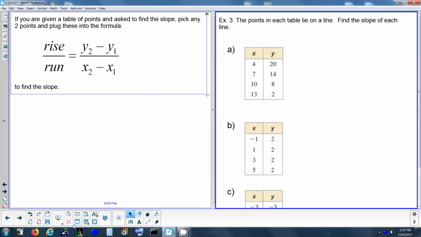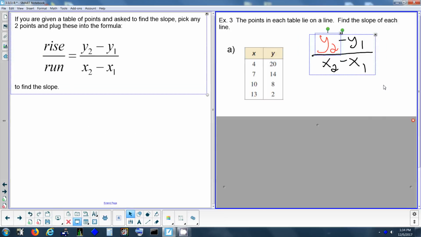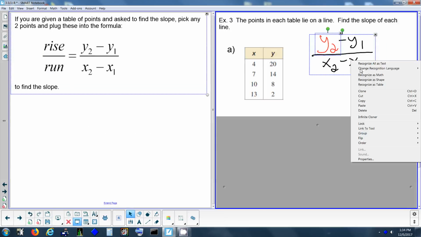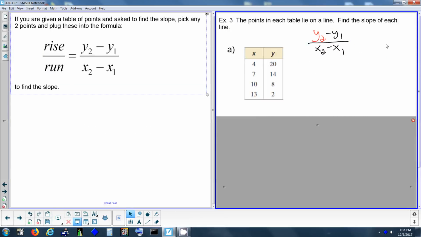Again, it's y2 minus y1 over x2 minus x1. On your notes, you just have a blank little table. The points are 4 and 20, 7 and 14, 10 and 8, 13 and 2.